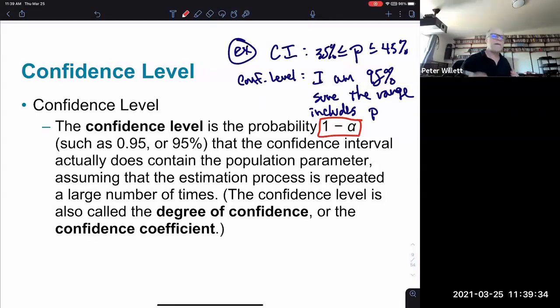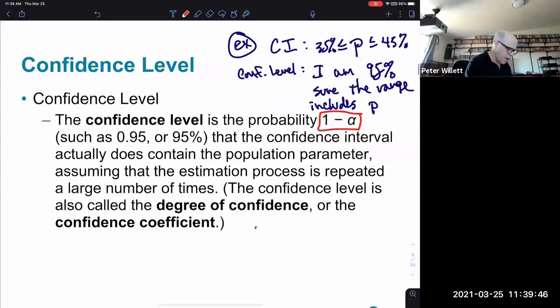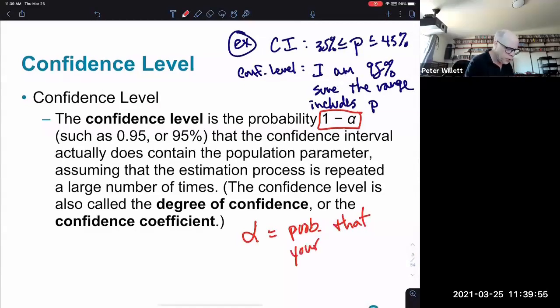So if I'm 95% sure that my range contains P, well, that means there's a 5% chance that my range does not contain the actual proportion value of the population. So you can imagine alpha is like the probability that your estimate, in this case an interval estimate, is wrong.